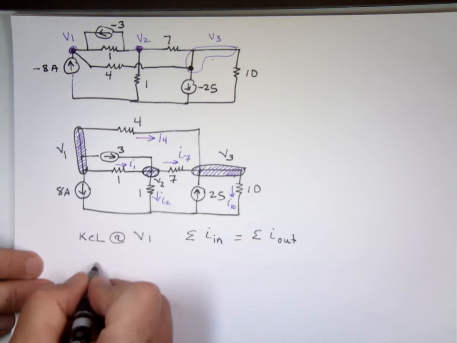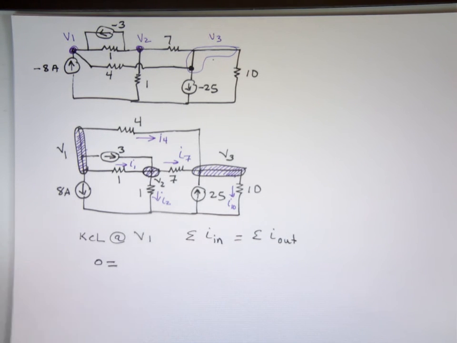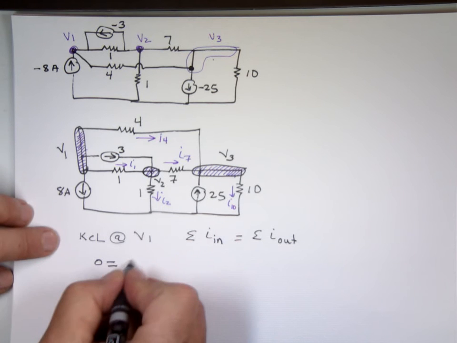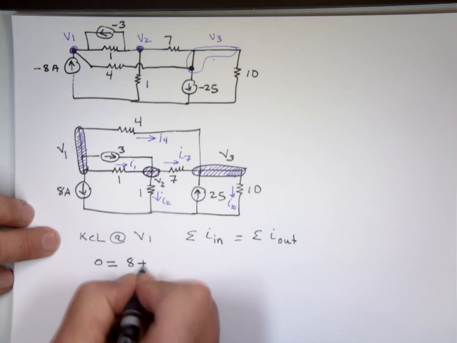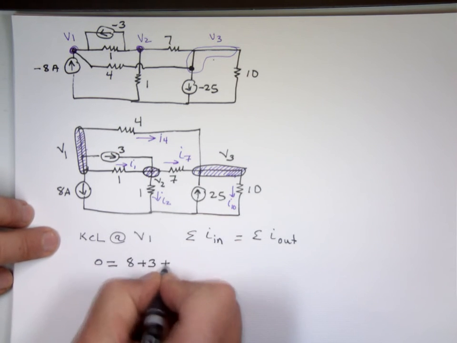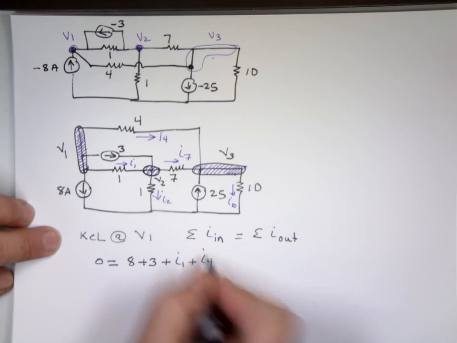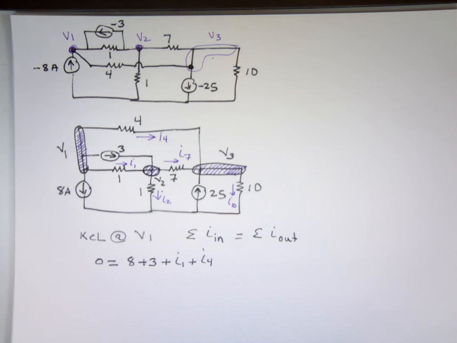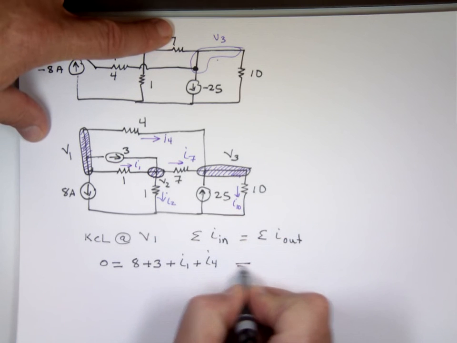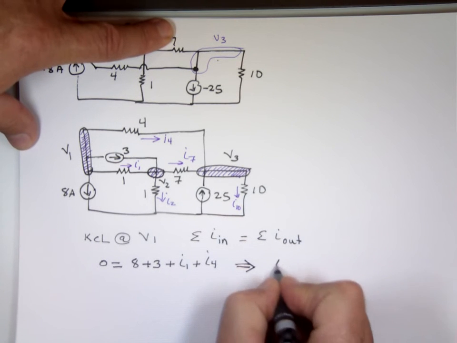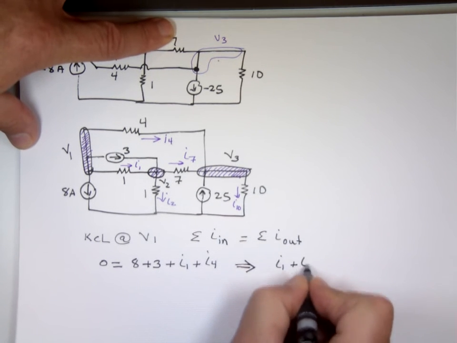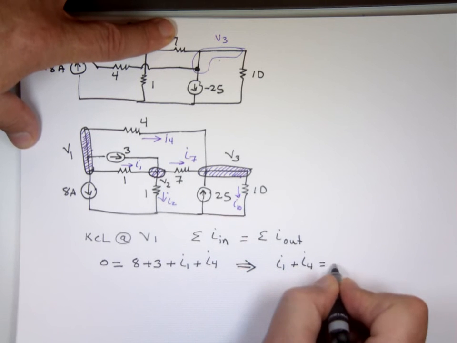What's leaving that node? I see the 8. I see the 3. I see I1. And I see I4. Unless I'm blind, that's all I see there, leaving that node. Do you see anything else? So I can rewrite that. I1 plus I sub 4 equals what? Negative 11.